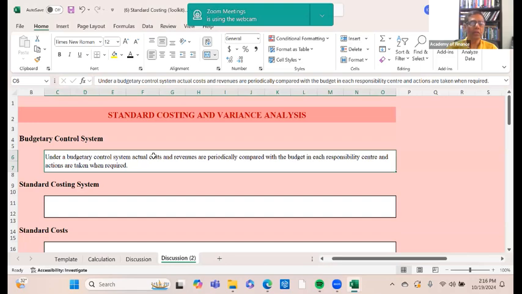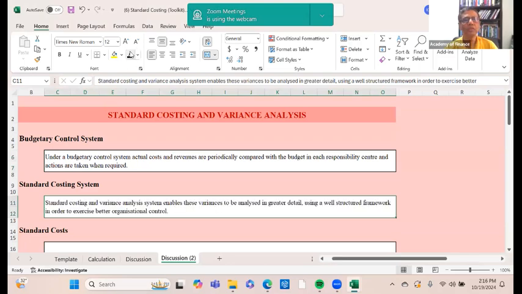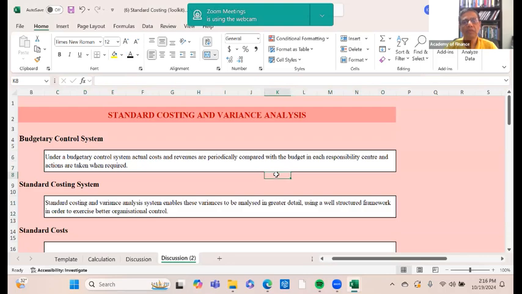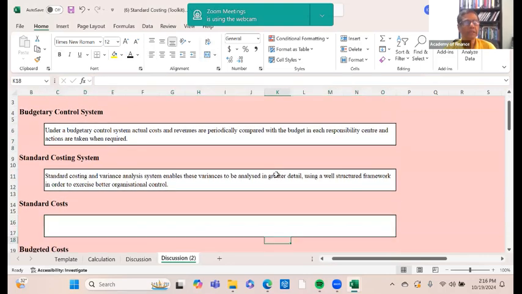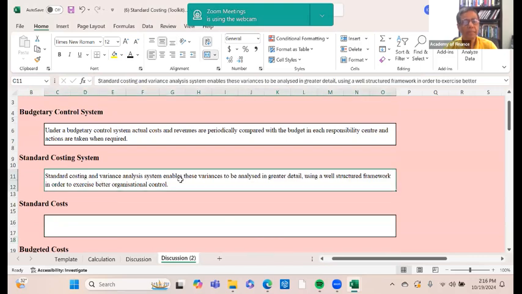Right. Now, I told you about the standard costing system. I already explained it to you, but this is how I would show it in a somewhat theoretical manner. Standard costing and variance analysis enables these variances to be analyzed in greater detail.